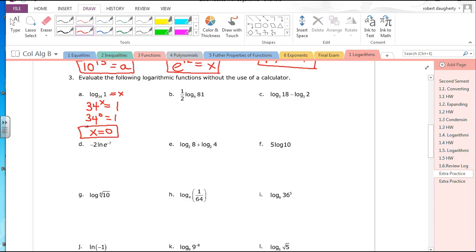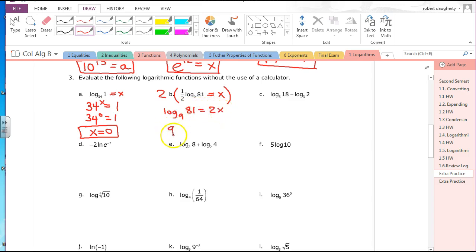Log base 9, 1/2 log base 9 of 81. Let's just do it this way. I don't know what that is. Let's call it x. That means that if I multiply everything by 2, I get the log base 9 of 81 equals 2x.